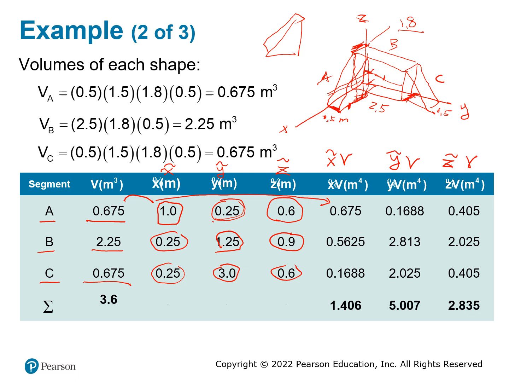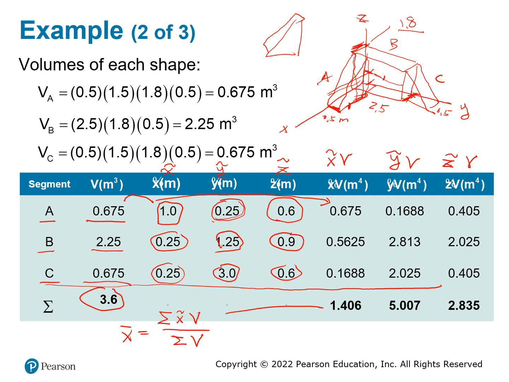You calculate each one of these values, and then you do a summation. So when you do x bar, it is going to be the summation of the volume. And here, this will be the summation of x tilde V, and that is this one here.